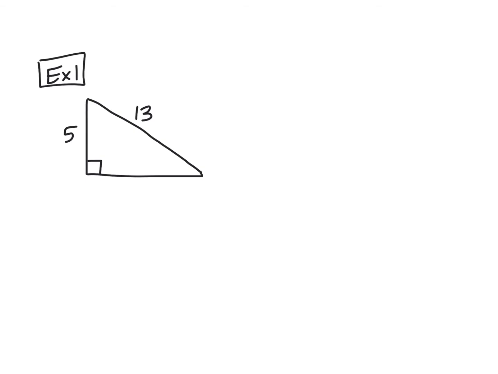Okay, so the first thing we want to do is we know that our formula is a squared plus b squared equals c squared. And I know that it will work here because I have a right triangle. So the most important side I just said was the hypotenuse. So I'm going to identify that first. Some of you might do better if you draw an arrow, but the hypotenuse here is this side, which is 13.